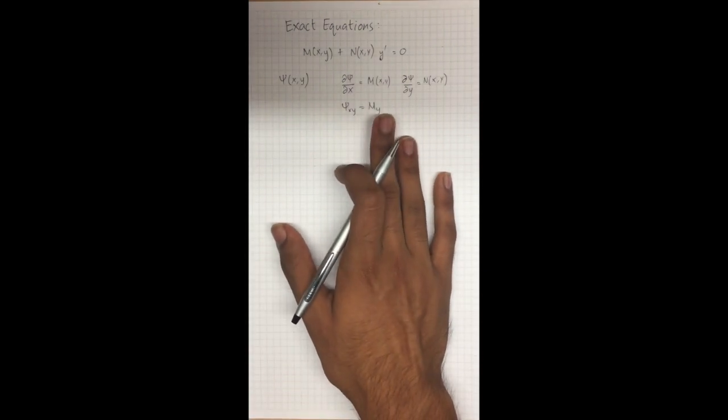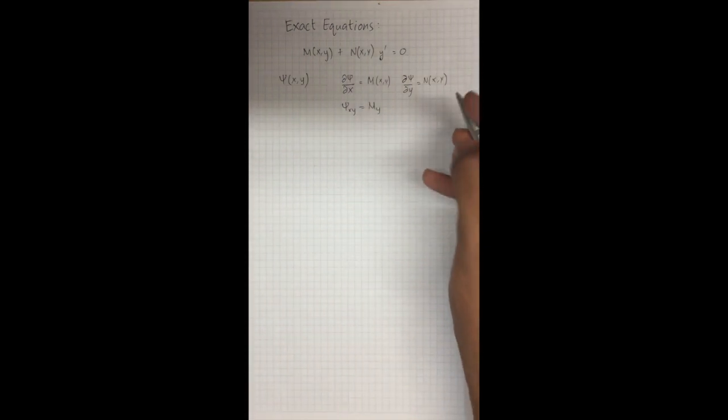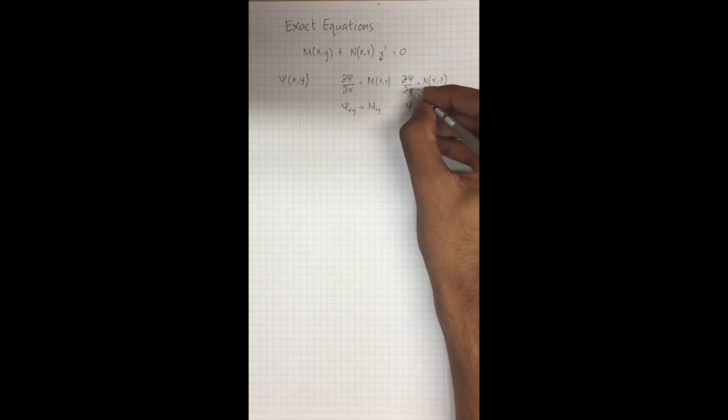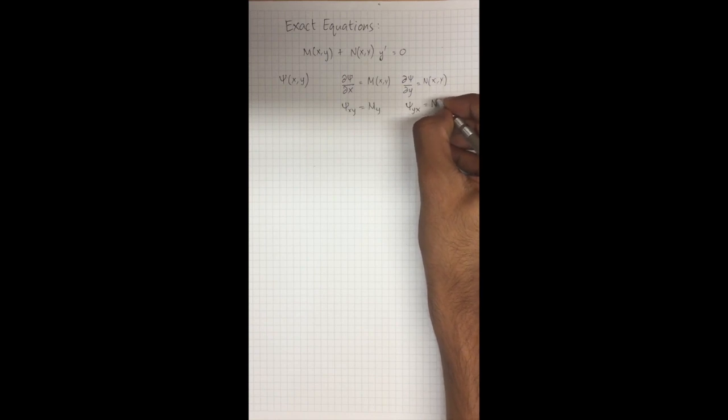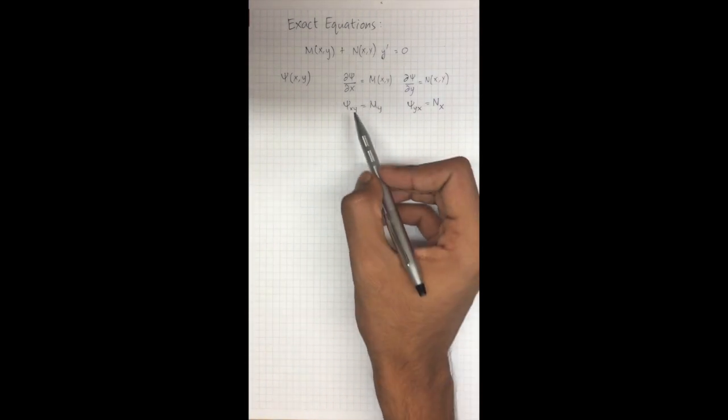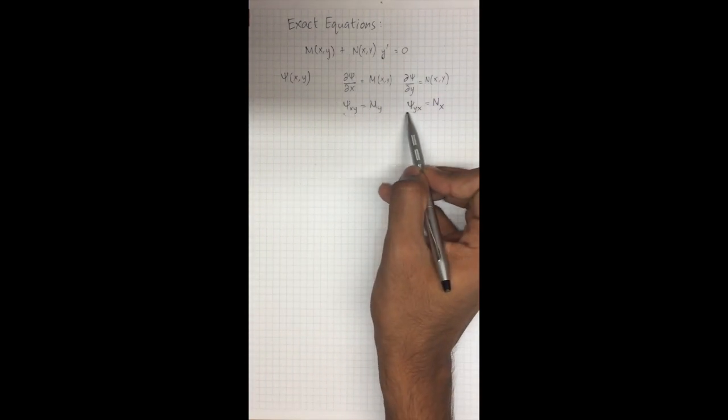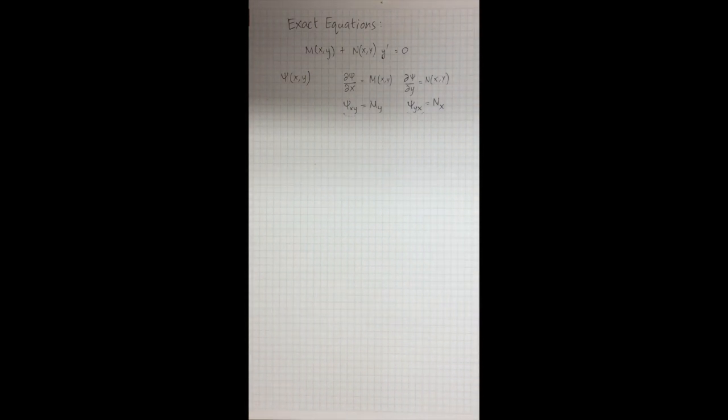So that means I'm partially differentiating M with y. And if I'm doing psi with y and then x, that's just partially differentiating N with x.